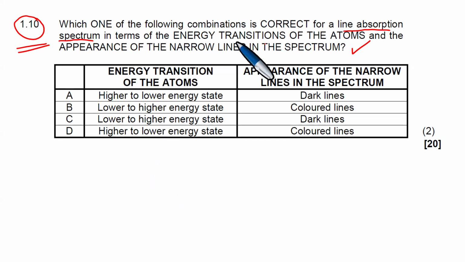Which one of the following combinations is correct for a line spectrum in terms of the energy transitions of the atoms and the appearance of the narrow lines in the spectrum?